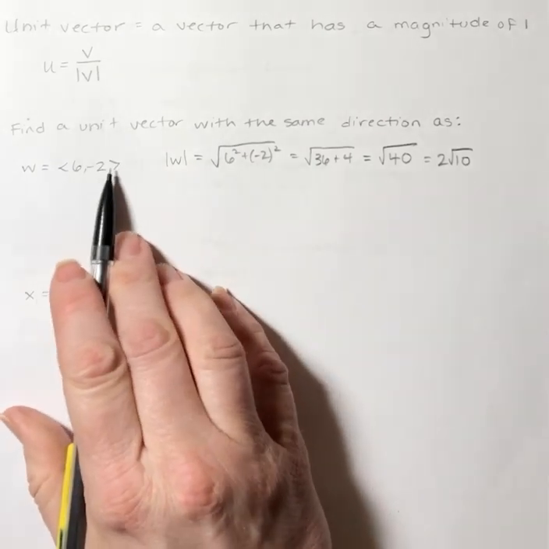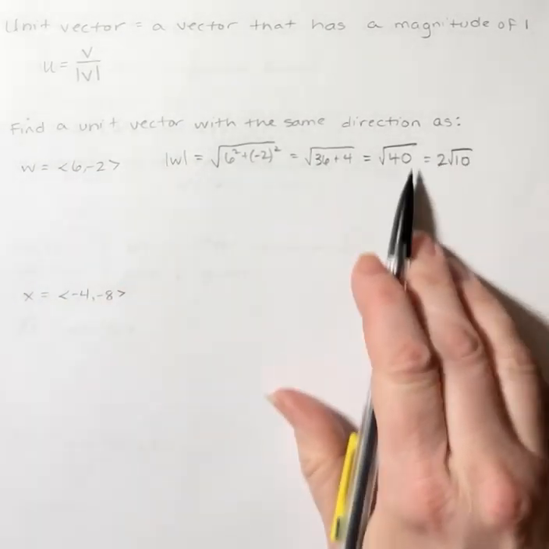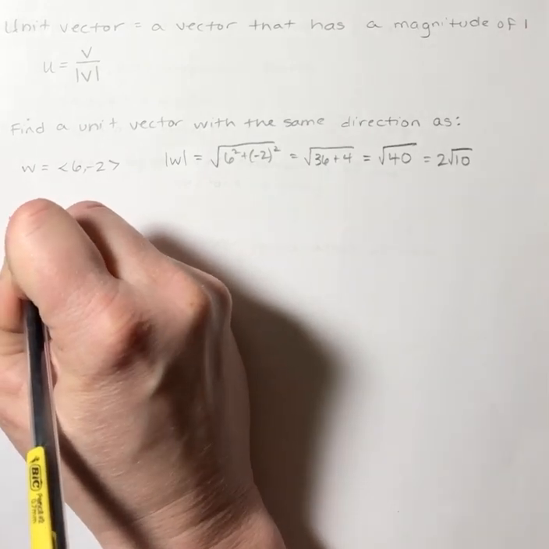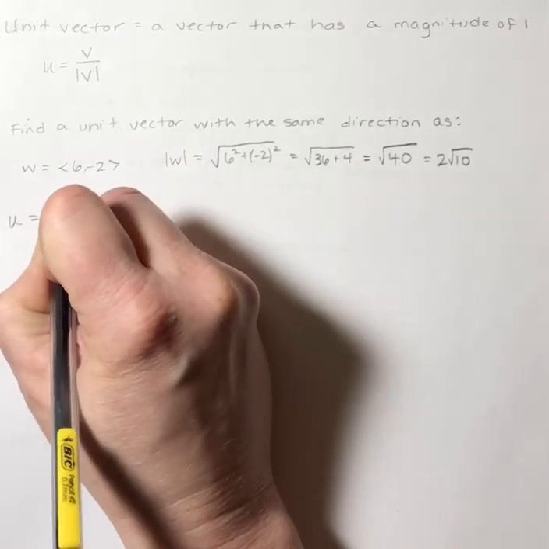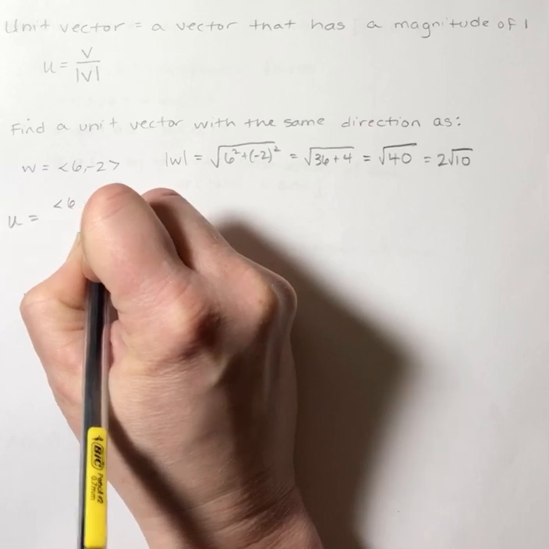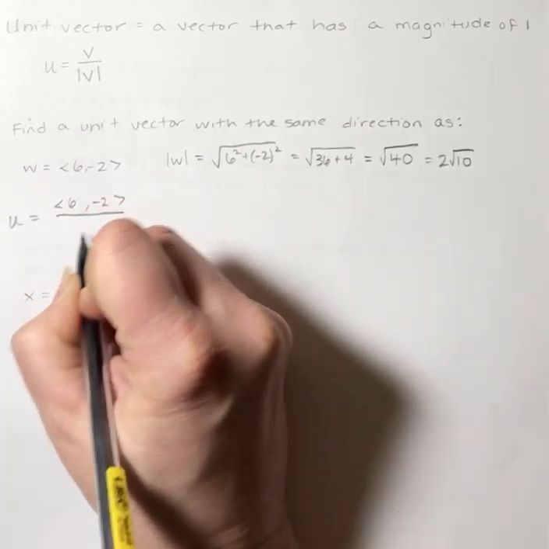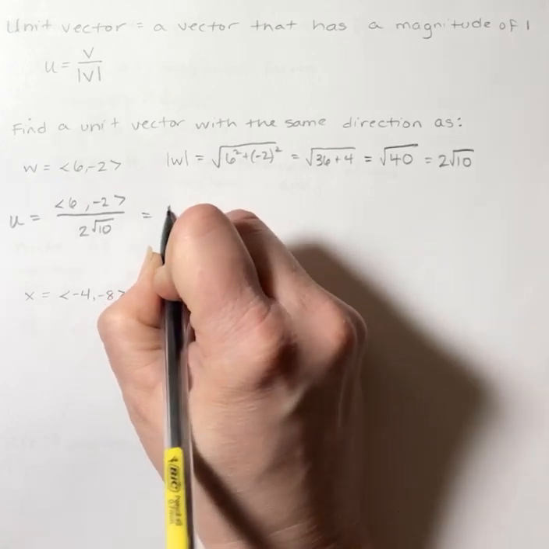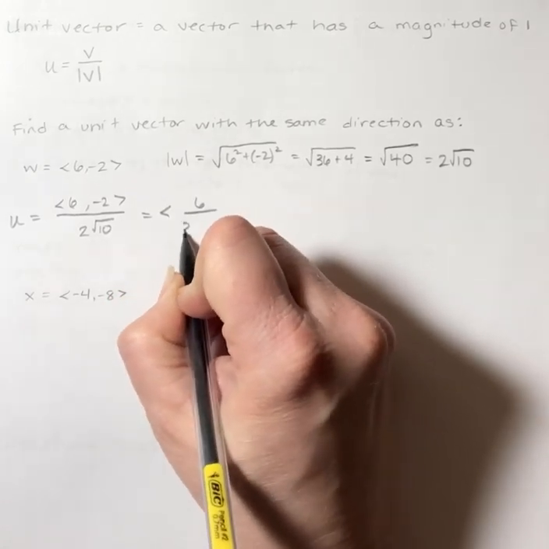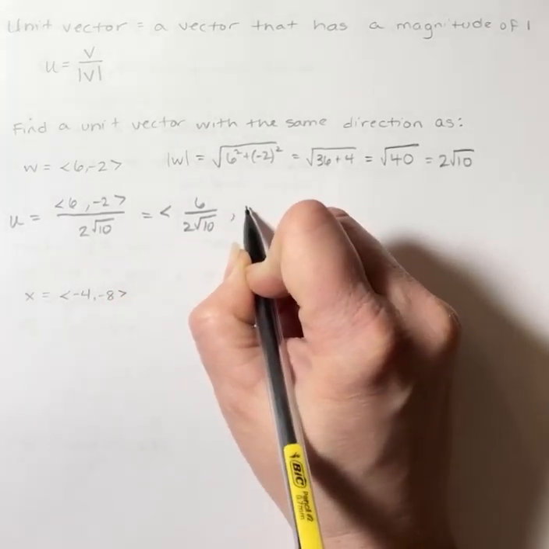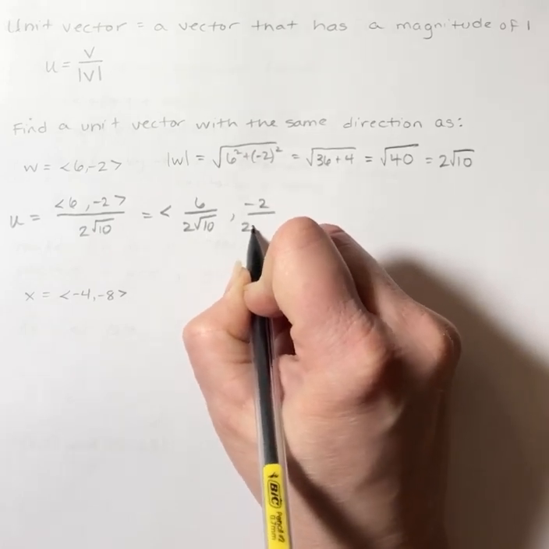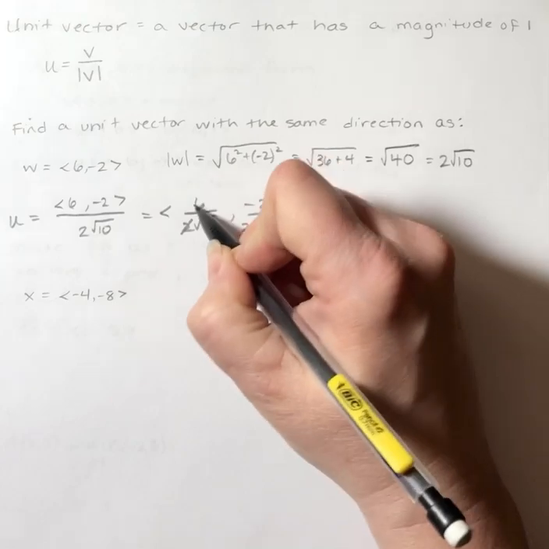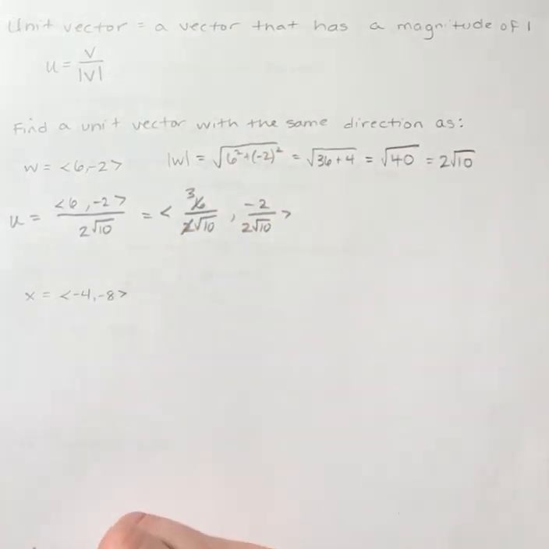So then we take this vector and we divide by this. So to find my unit vector, I take this 6, negative 2, and I'm going to divide by this 2 square roots of 10. So each of these get divided by 2 square roots of 10. So here, those cancel.